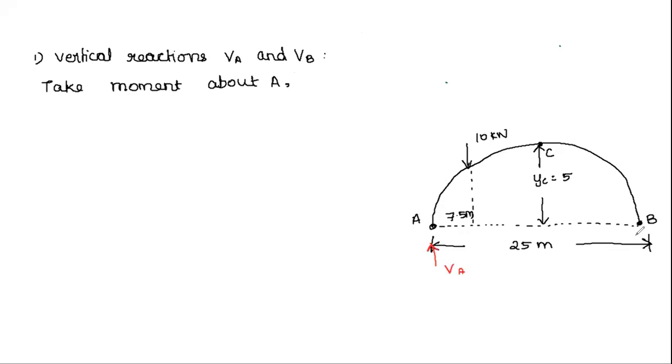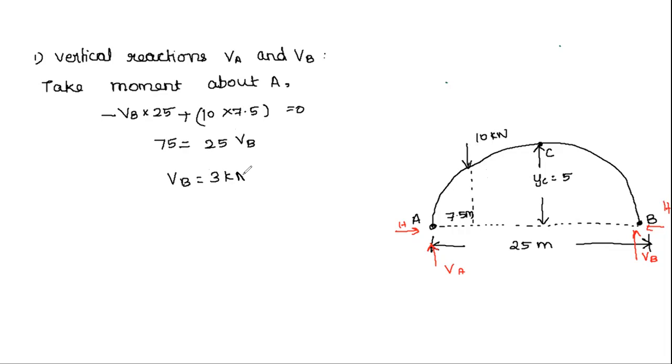There will be VA, VB, H. VB into 25, which is minus VB into 25, and this is clockwise, 10 into 7.5 is equal to 0, which implies 75 is equal to 25 VB, which implies VB is equal to 3 kilonewton.